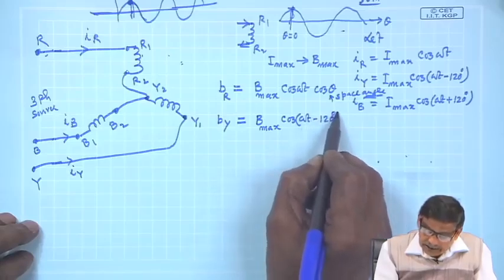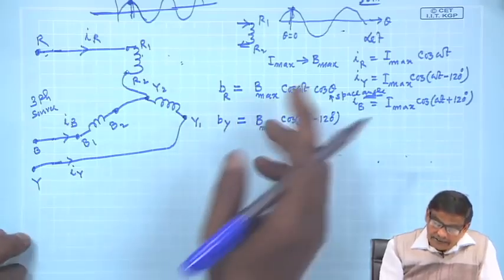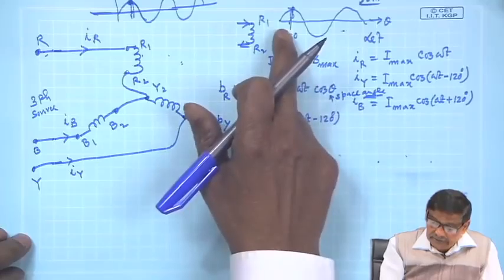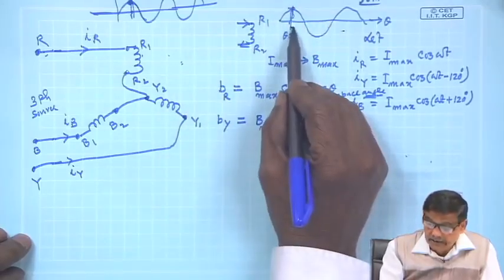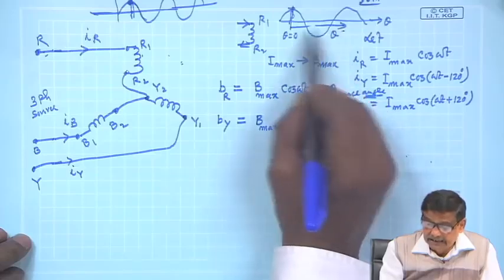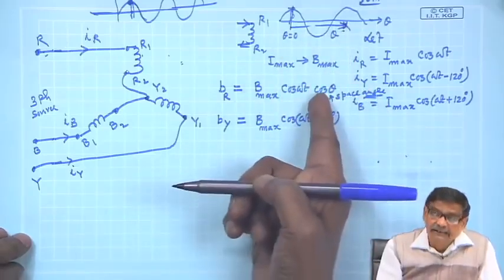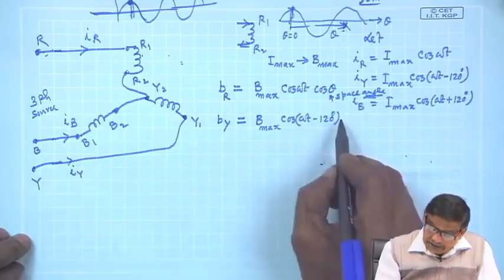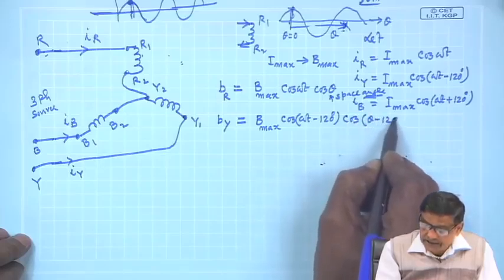It will be doing cosine theta, and whatever space angle you are measuring for R phase maximum, wherever it is occurring, you are standing at a theta somewhere here, and since the Y phase is displaced by 120 degree, this will also be cosine theta minus 120 degree.